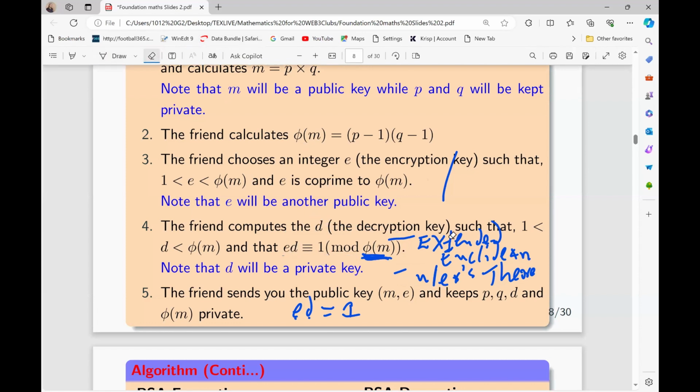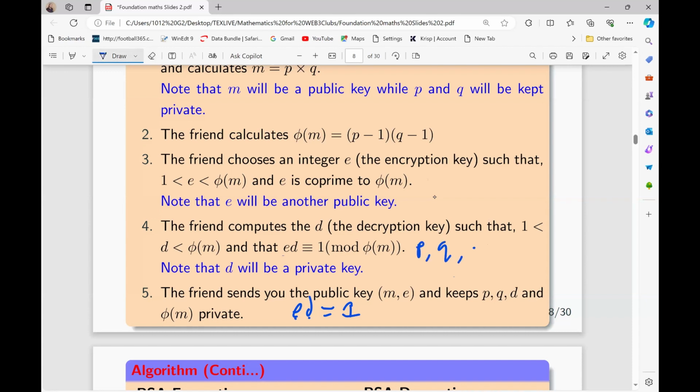Now, after finding that D, your friend has done almost everything. He keeps the D private. He keeps P private. He keeps Q private. So P, Q, and D are kept private. And in fact, he's also supposed to make phi of M private.